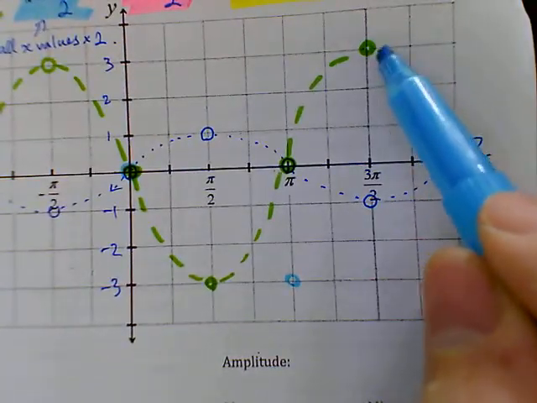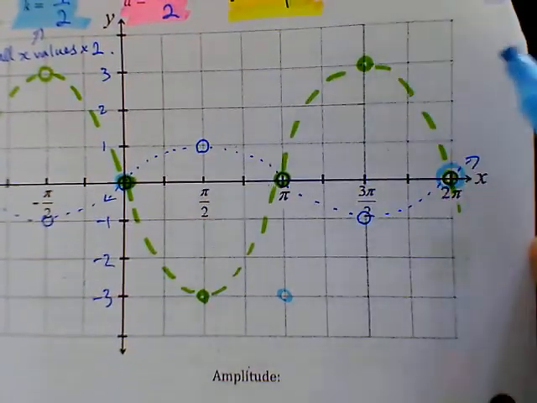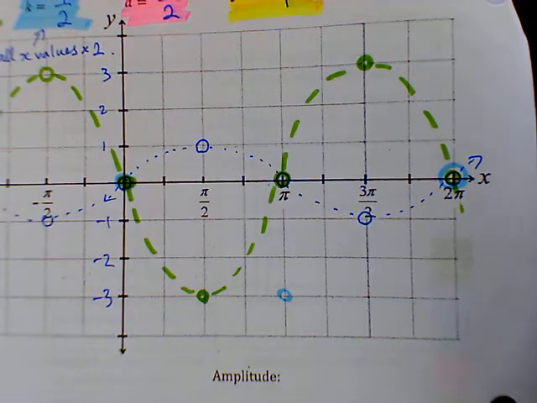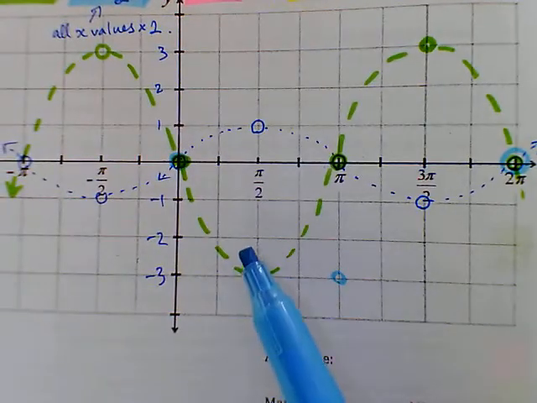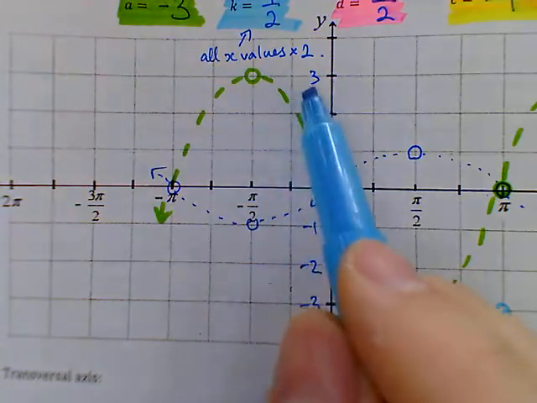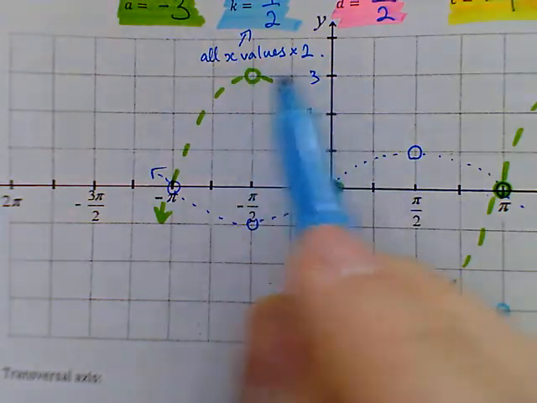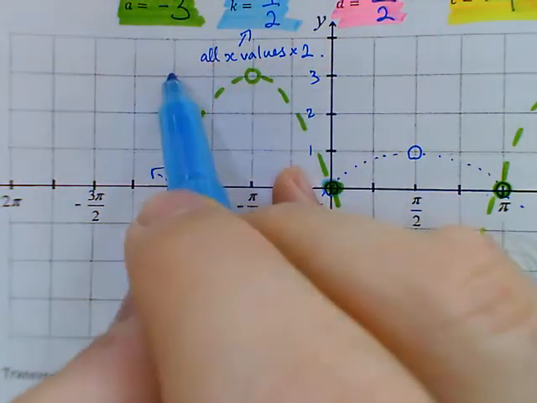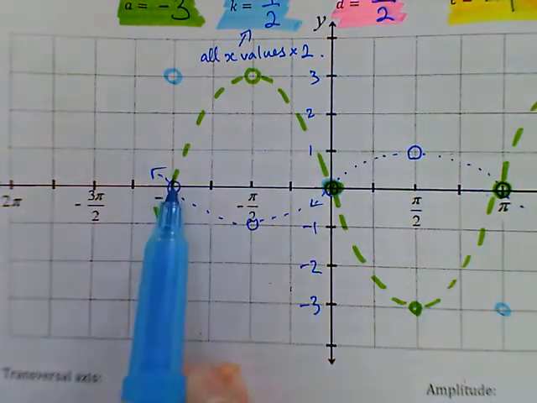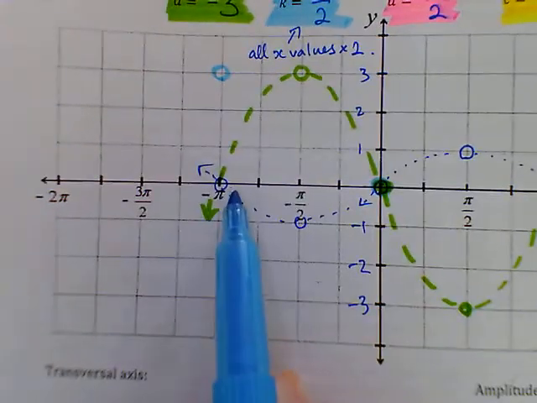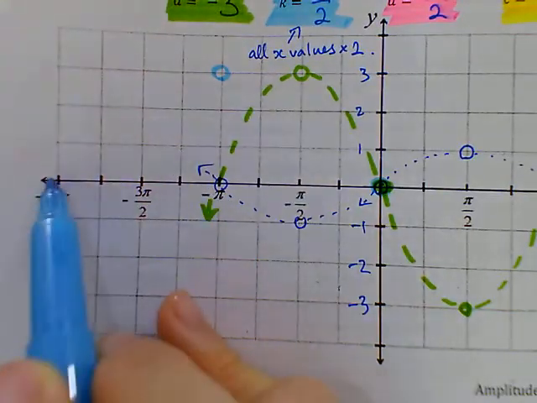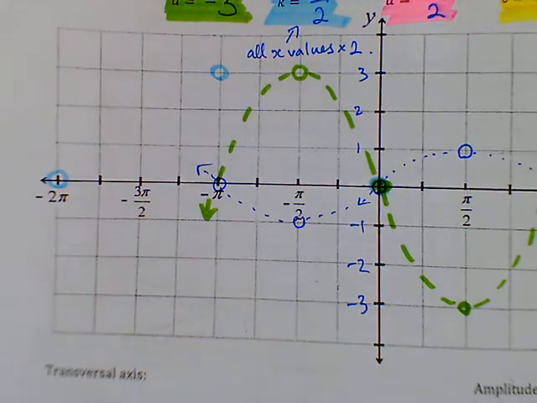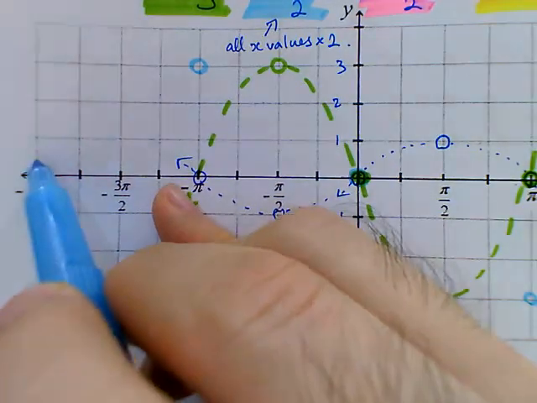And then 3 pi over 2 times 2, it's going to be 3 pi. It's going to be somewhere way over there. Okay. Let's go the other side. Negative pi over 2 times 2. Negative pi. And negative pi times 2. Negative 2 pi. Connect those blue dots.